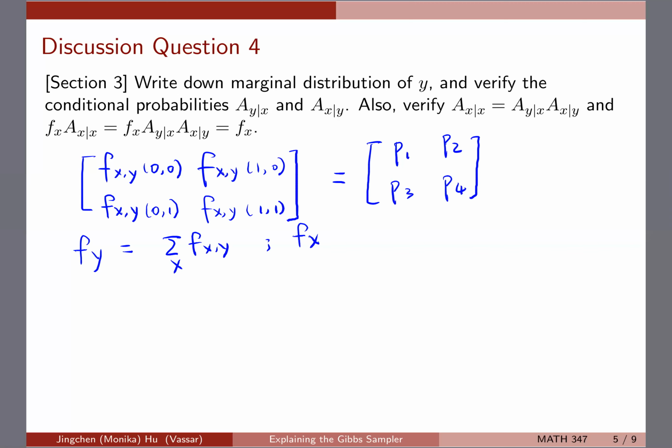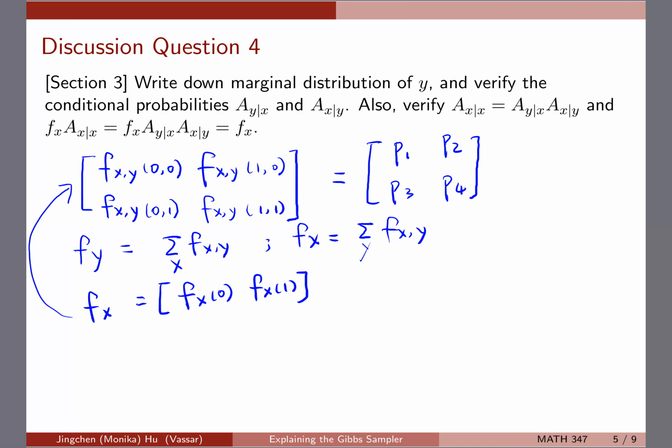And of course, in order to get the marginal of x, you sum over all of the y from the joint. So what's the marginal of x then? You will just be looking at all of the cases that can make x 0, and all of the cases that can make x 1. Essentially, you're just going back to this matrix and finding the correct terms to add.